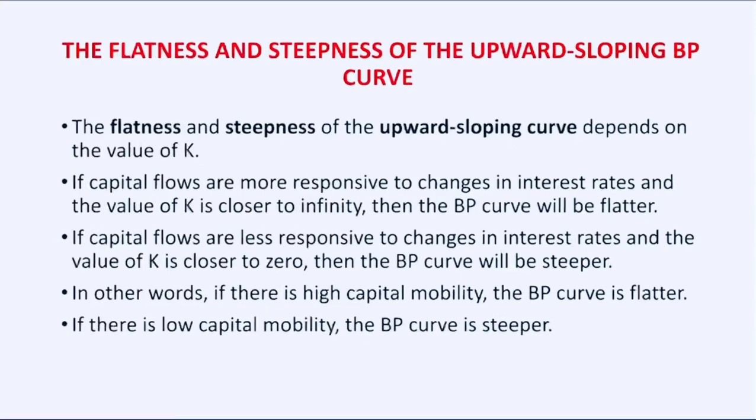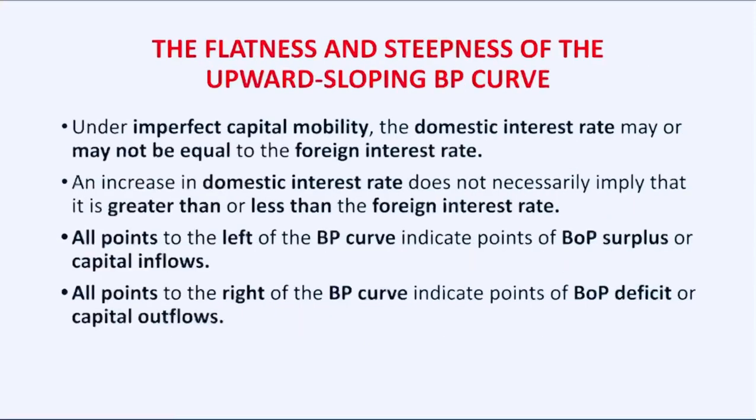So if there is low capital mobility, the BP curve is steeper, while if there is high capital mobility, the BP curve is flatter. Under imperfect capital mobility, the domestic interest rate is not always equal to the foreign interest rate.